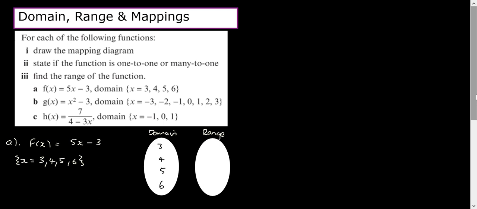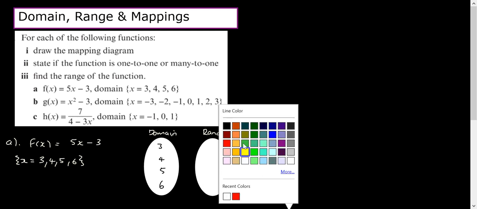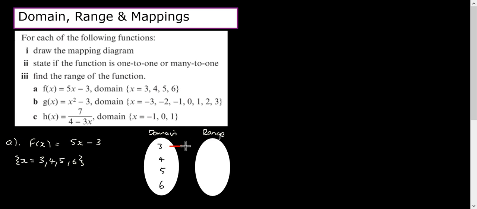Now, if the domain is the x values that we substitute in, the range represents the y values that come out. So let's have a look. When we substitute 3 into the function 5x minus 3, what's the y value that we get? 5 times 3 minus 3, which is 12. So 3 maps directly across to the value 12. The domain is the x value that goes in. The range is the y value that comes out.